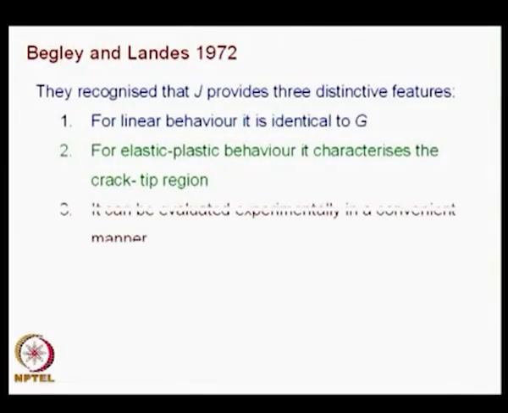Another observation they made is that it can be evaluated experimentally in a convenient manner, because they had done experiments to find out J. They have also summarized their observation like this. Even if you look at G, people were able to find out G experimentally. Only then did analytical computations become very popular.